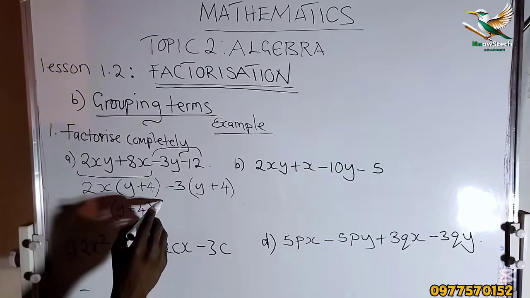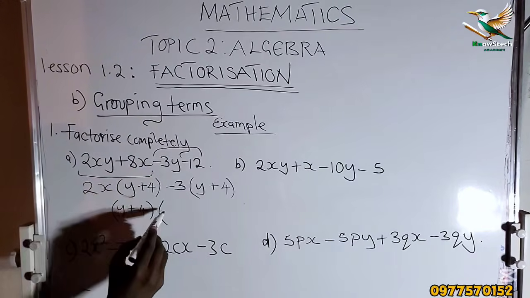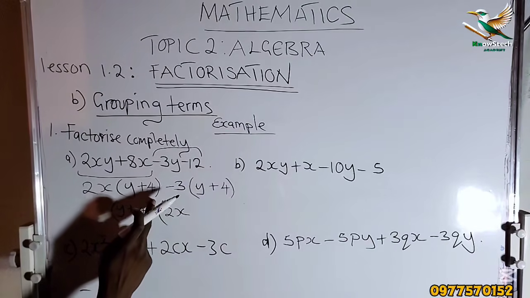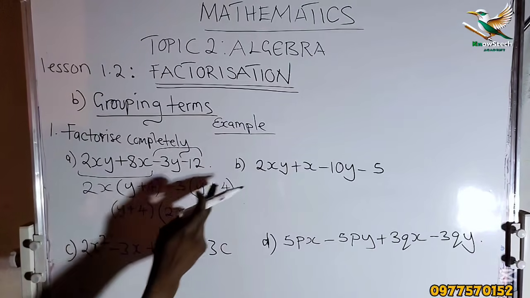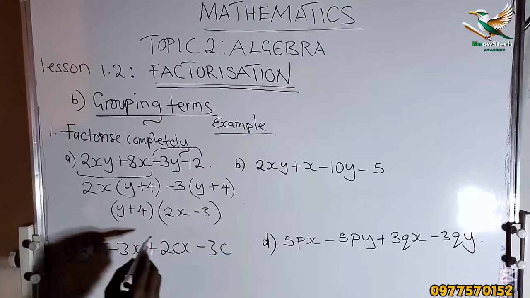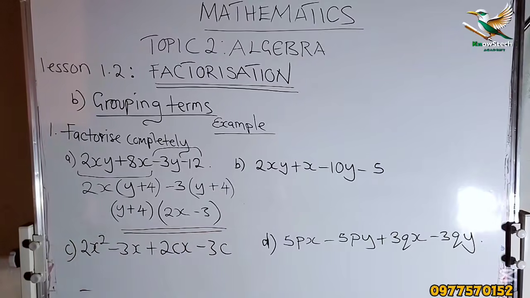Then we're going to open the bracket. So y plus 4 and y plus 4 will cancel. We remain with 2x. Okay, then this and this will also cancel, remain with -3. And this is the answer. Okay? That is the answer.